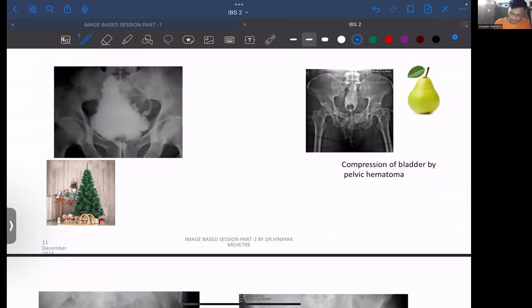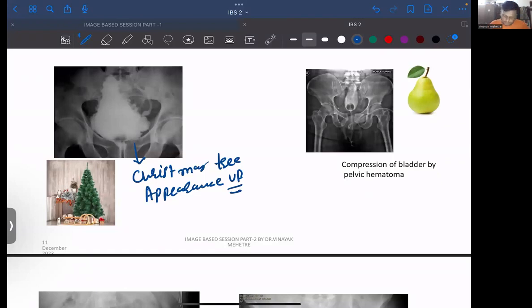इसको बोलते हैं क्रिसमस ट्री अपीयरेंस ऑफ यूरिनरी ब्लैडर, and it is seen in, किस में मिलता है? न्यूरोजेनिक ब्लैडर.